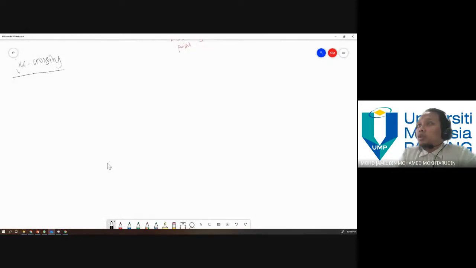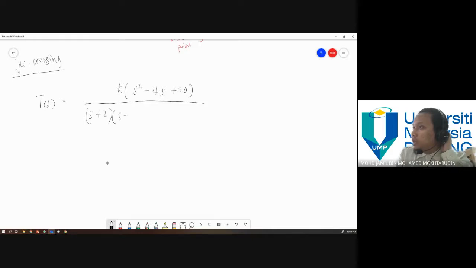Okay, so closed loop transfer function T(S) equals K times (S squared minus 4S plus 20), divided by (S plus 2)(S plus 4) plus K times (S squared minus 4S plus 20).